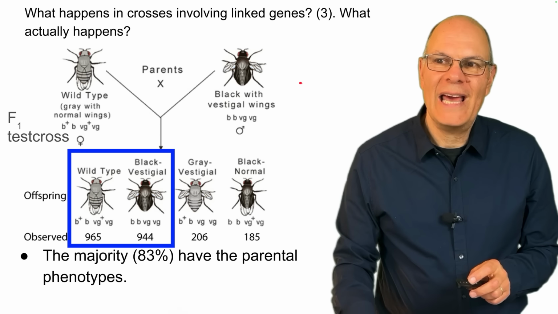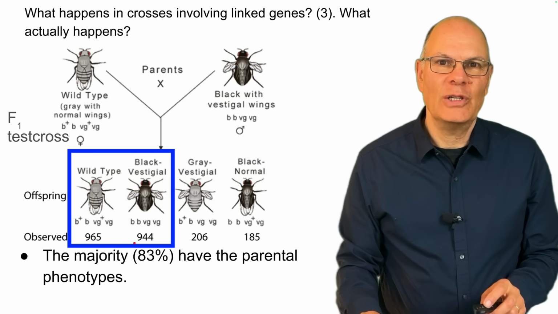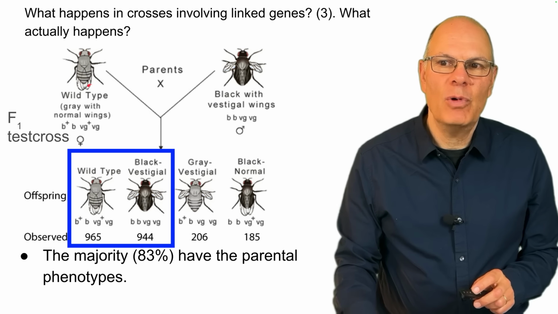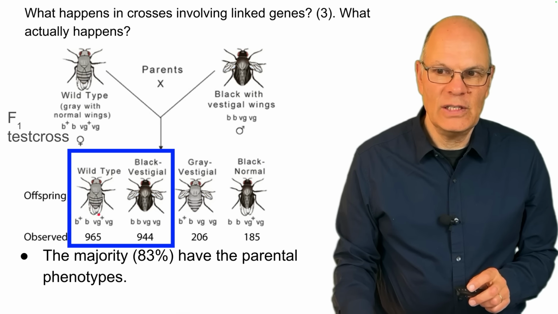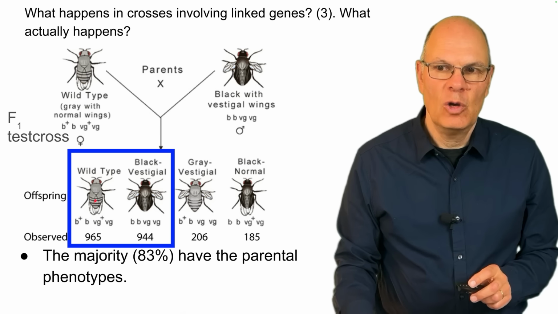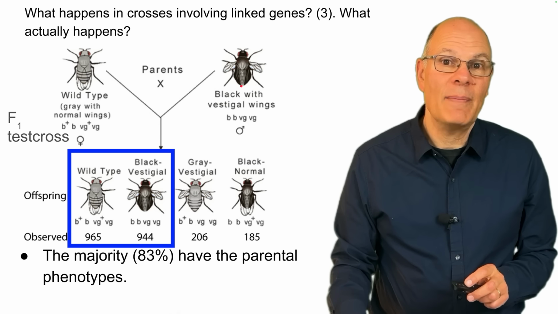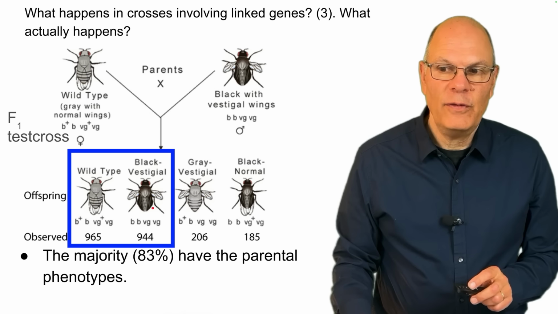What we see is that the majority of the offspring have parental phenotypes. What does that mean? Well, the mom's phenotype was gray body with normal wings, and many of these flies have that phenotype, gray body, normal wings. The father's phenotype is black body with vestigial wings. Many of the offspring have that phenotype.